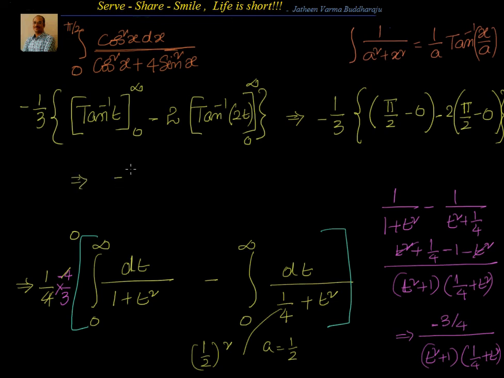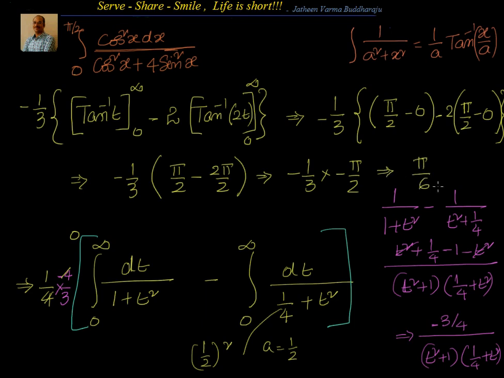So this is equal to minus 1 by 3 into pi by 2 minus 2 into pi by 2, that is minus 1 by 3 into minus pi by 2, which is equal to pi by 6.